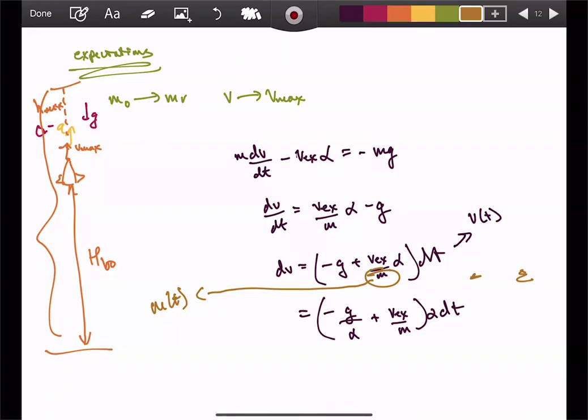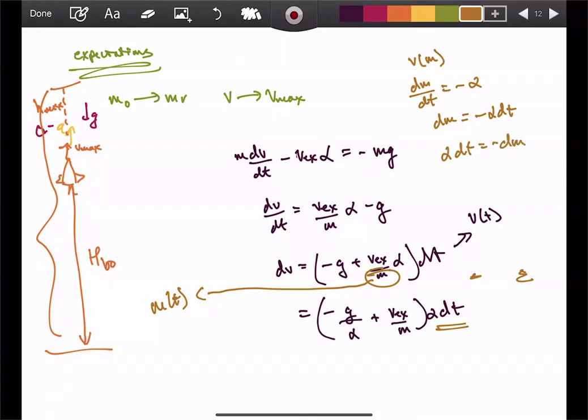Now, I can find that, and we will find that in just a minute. But what I'm going to do now is rewrite it in this form because, just like in a previous case, I want to find the velocity as actually a function of the mass, right? And what we know from our previous slide here is that dm/dt is the same thing as minus alpha, which means dm then is equal to minus alpha dt, which means that alpha dt is the same thing as minus dm.